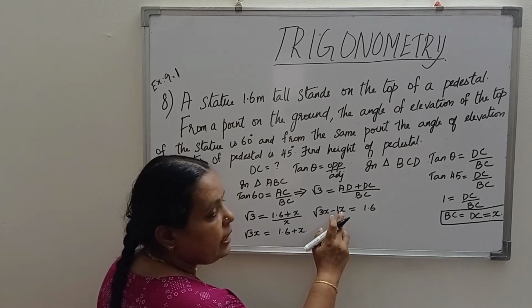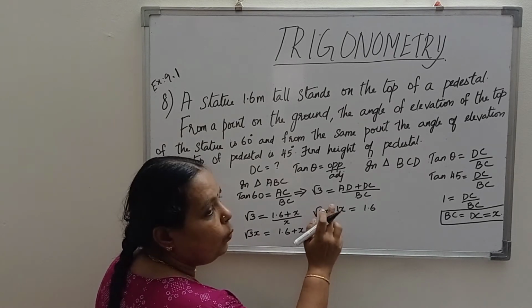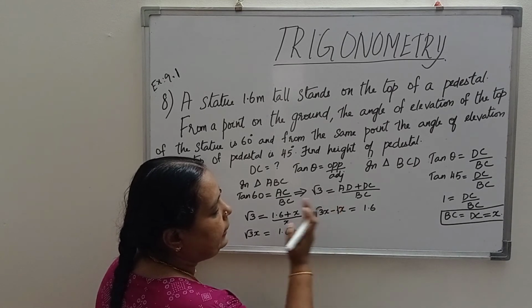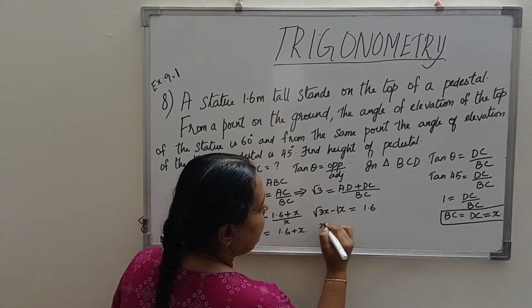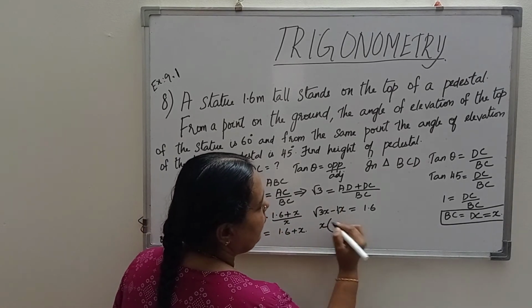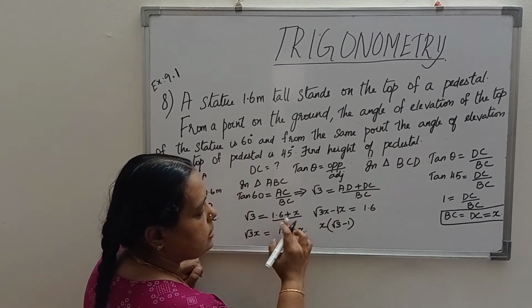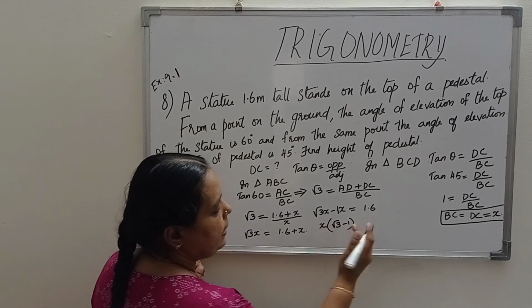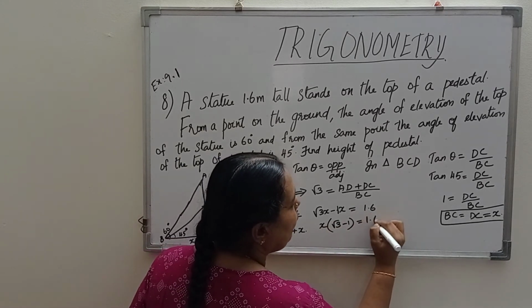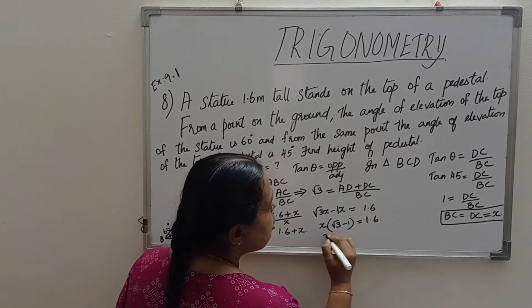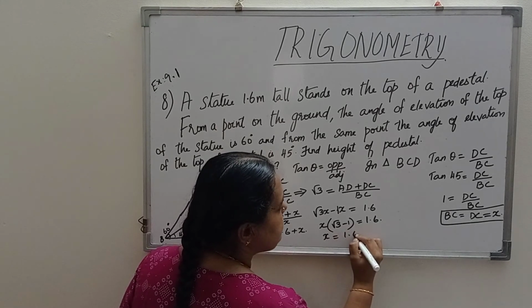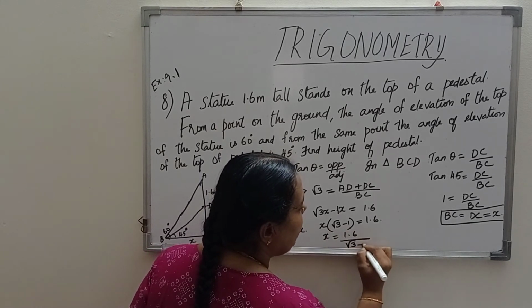Now we'll take x outside, we will have root 3 minus 1 times x is equal to 1.6. So x is equal to 1.6 by root 3 minus 1.